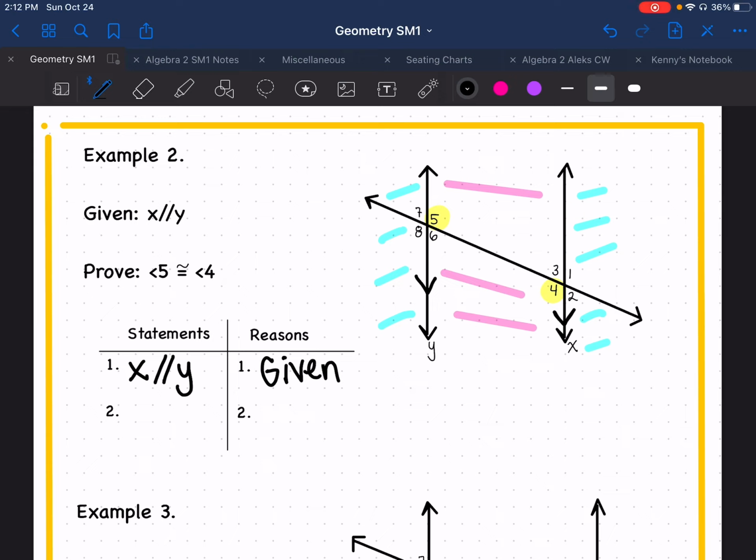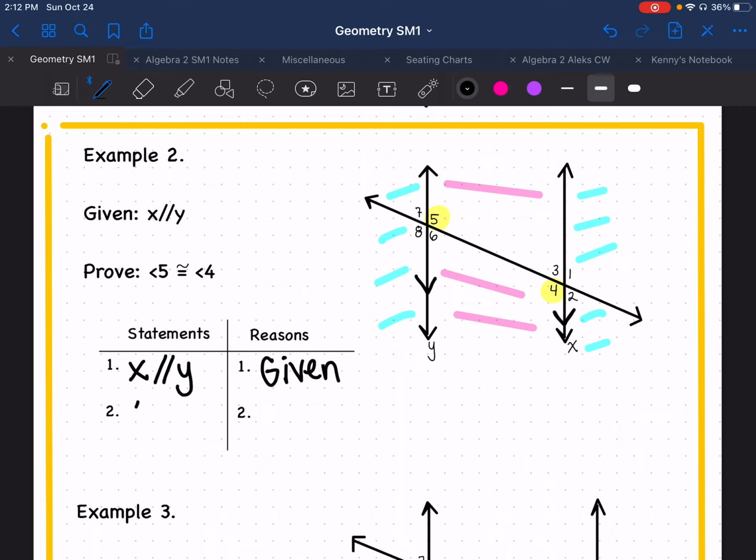Wonderful. Then I would ask myself, what are they doing? Are they on the same side of this transversal or are they alternating across it? Well, they're alternating across. Did you see how they flipped over the line? If they were on the same side, it would be highlighted right down here and we'd slide right along the transversal.